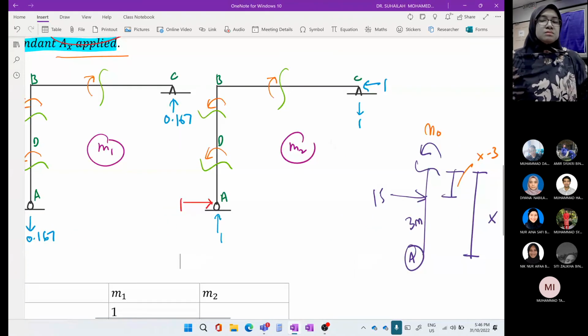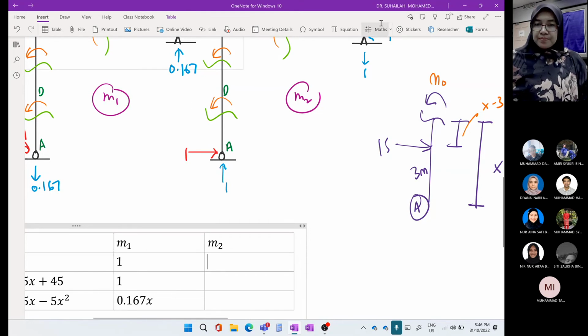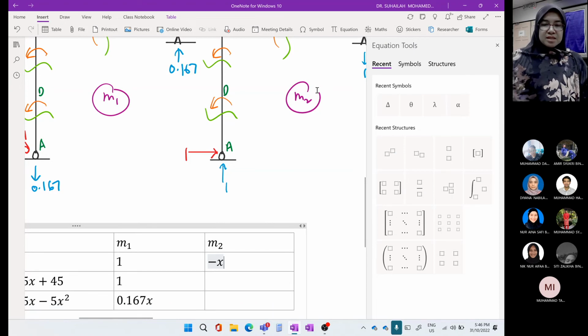M2. Is it 1? M2? X or negative X? Negative X for both.